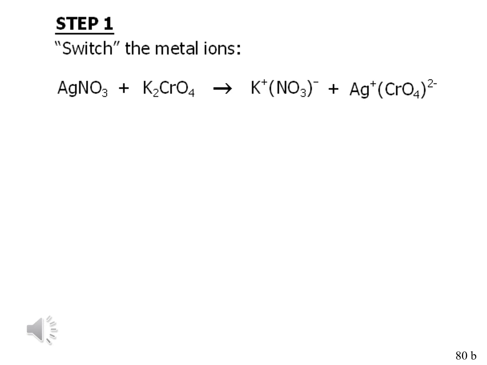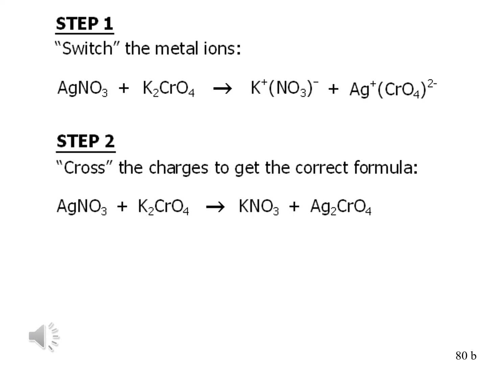They are going to reform so that the neutral compounds are the ones that form, and that means you have to cross. So you first switch the ions, and then you get the formulas by crossing. So when you cross the 1s for the KNO3, it stays KNO3. When you cross the 2 down on the silver, you get Ag2CrO4.